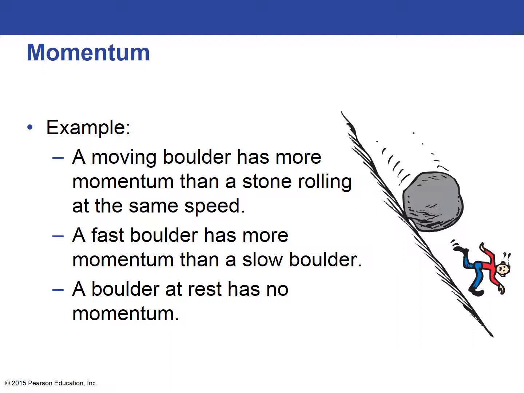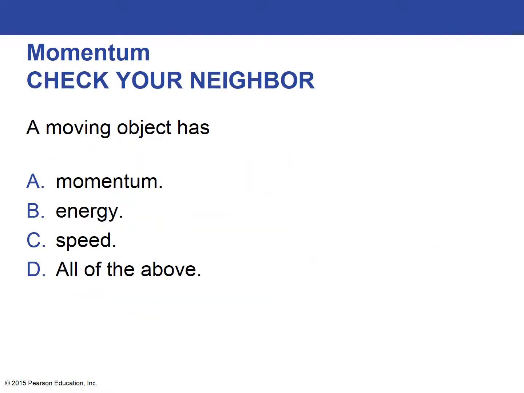Now, in this slide, you're asked to answer the question of whether a moving object has momentum, energy, speed, or all of the above. We have not discussed energy yet, but the energy we're referring to here is called kinetic energy, which is the energy of motion of a particle.